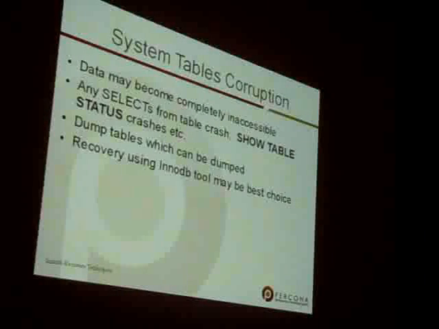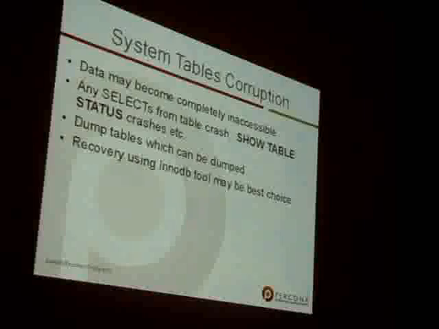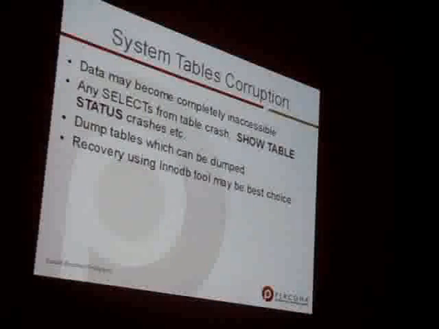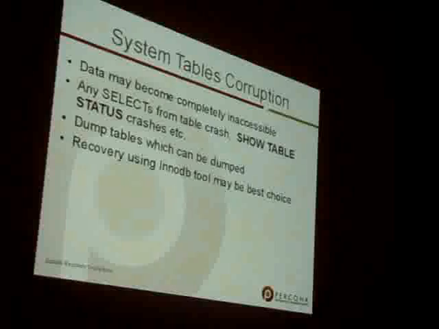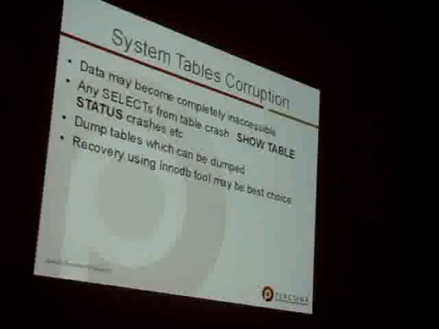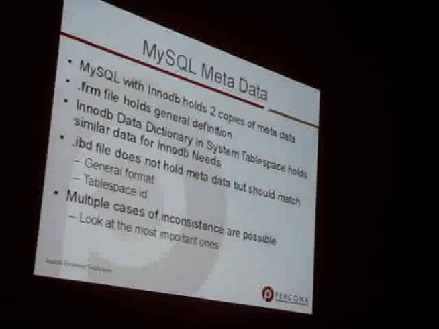If that data is corrupted, then InnoDB will have no way of accessing the tables themselves, so you wouldn't be able to dump any data from it. In this case, again, you dump the tables which can be dumped, try to use multiple recovery techniques so you have more ways to consolidate the data, and then you use InnoDB tools to recover the rest.